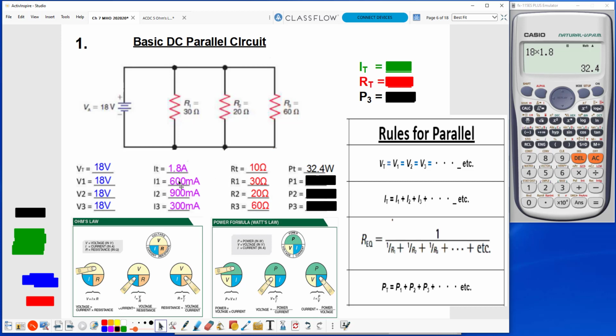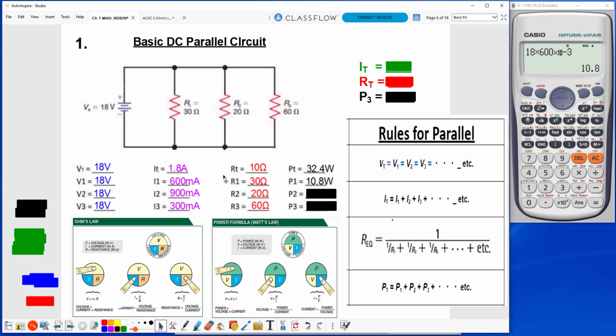Next, for P1, I'll do I1 times V1. So my V1 is 18 volts times my I1 of 600 times 10 to the negative third, 10.8 watts.